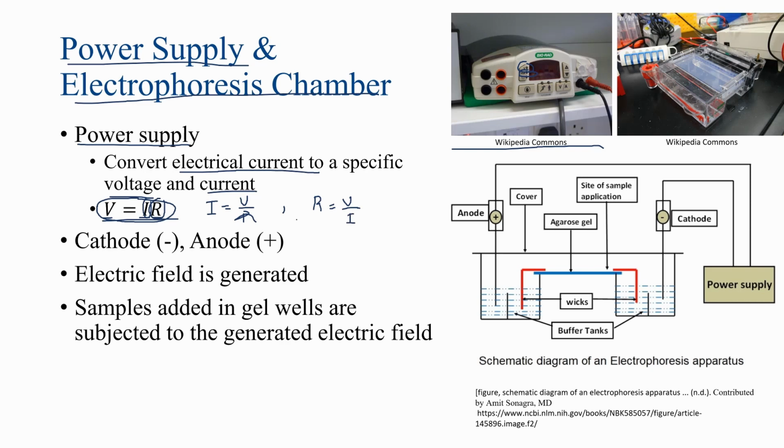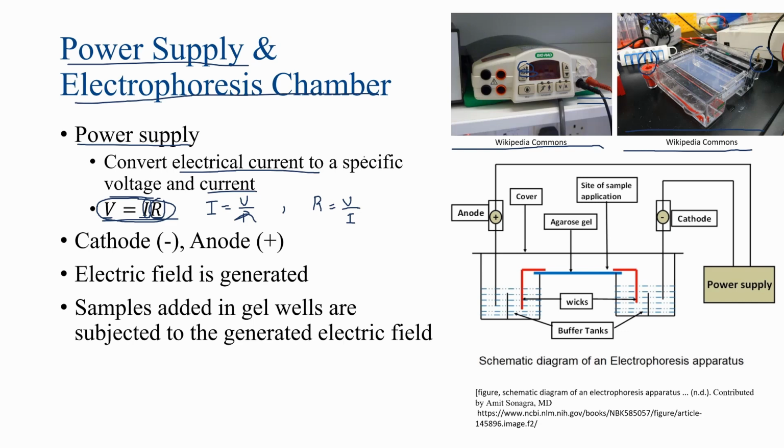Importantly, to the right of the picture of the power supply that I just showed you is a picture of an electrophoresis chamber, and you can see that the wires that stem out of the power supply can be connected to the electrophoresis chamber based on the colors. The black wire would go in here and the red wire will go in here.